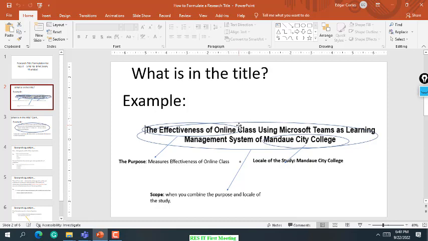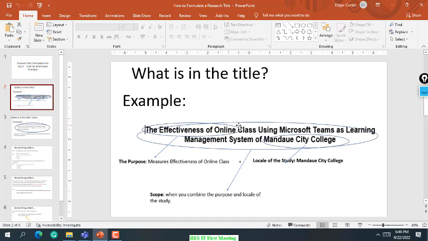Okay, for example, in this example: the effectiveness of online class using Microsoft Teams as learning management system of Mandawi City College. So let's find out asa man ang purpose. The purpose is the effectiveness of online class. Locale of the study, or the location, of course, it's very clear, that's Mandawi City College.